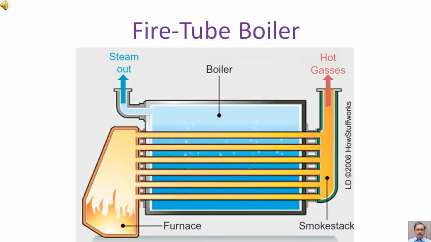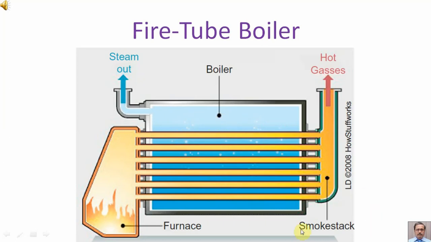This diagram shows a fire tube boiler. As you can see, the fire and the heated gases are inside the tube, and the tubes are surrounded by a vessel filled with water.